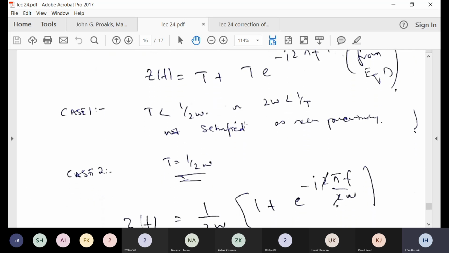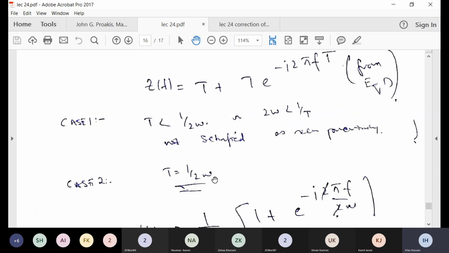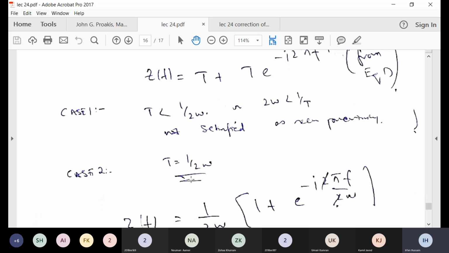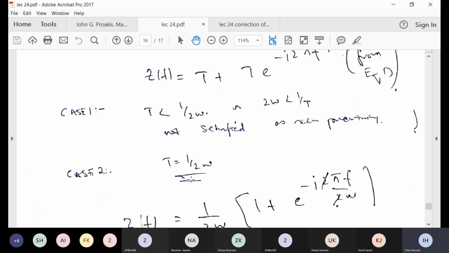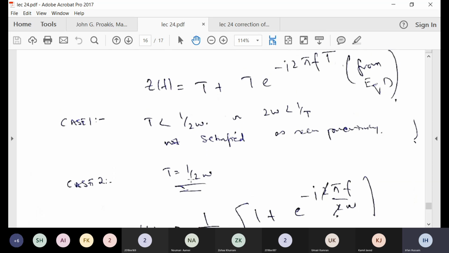But you can see here the best will be for T is equal to 1 over 2W. For T equal to 1 over 2W, or at the Nyquist rate, we will see that the Nyquist criteria will be satisfied. And how can we see that? Just put the value of T equal to 1 over 2W in this equation.